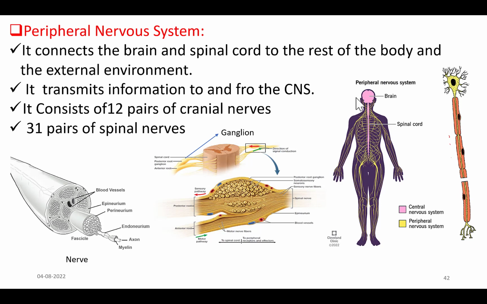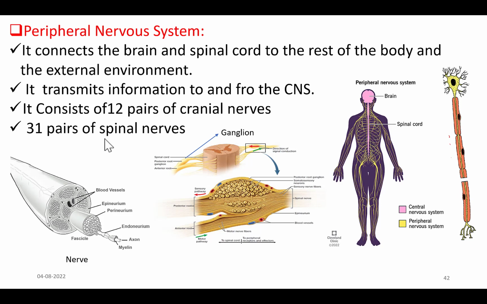Now how many nerves are there under peripheral nervous system? We have 12 pairs of nerves arising from brain and 31 pairs of nerves arising from spinal cord. The nerves arising from brain are called cranial nerves. So we have 12 pairs of cranial nerves. Nerves arising from spinal cord are called spinal nerves. So we have 31 pairs.